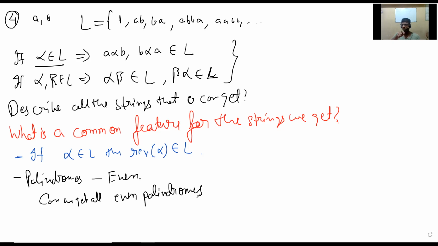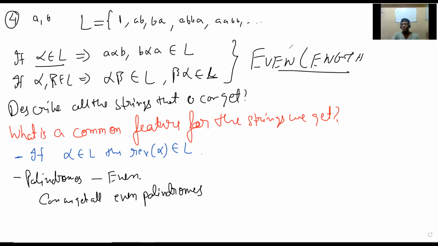That should be clear. Every time you are increasing the length by 2, or you're taking two even length strings and attaching them, by induction on length you can say that it's always even. So all strings are even length. There's nothing odd length here.